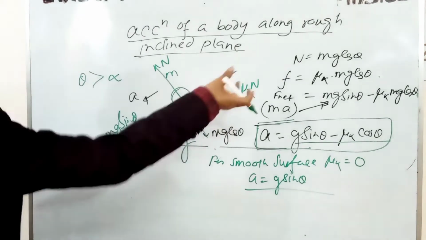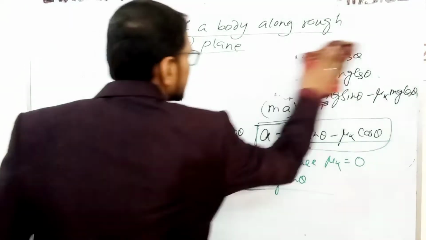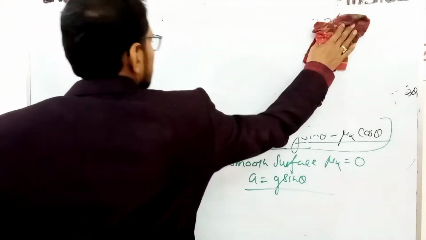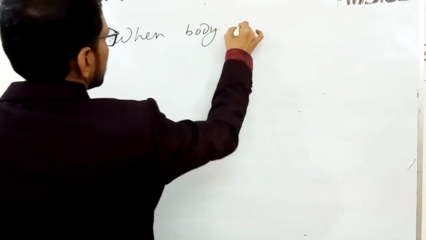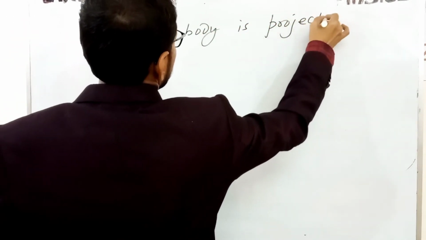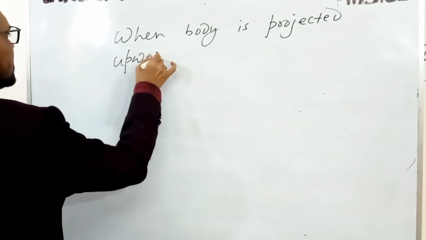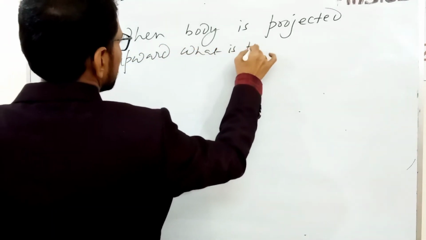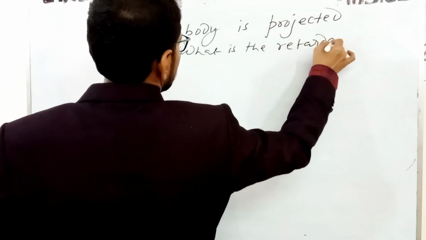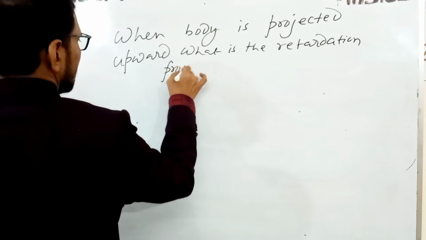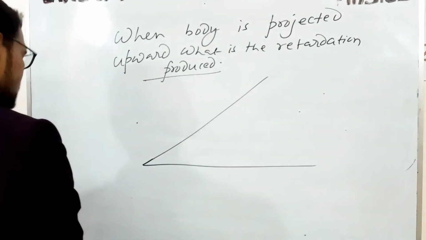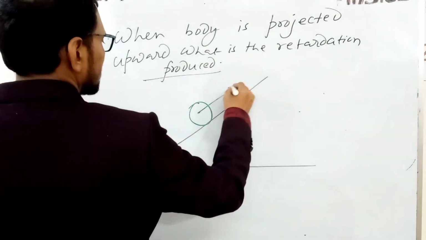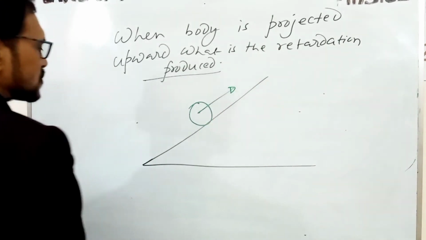Now if a body is projected upward, what is the retardation? Suppose this body is projected upward with velocity u, what is the retardation produced?